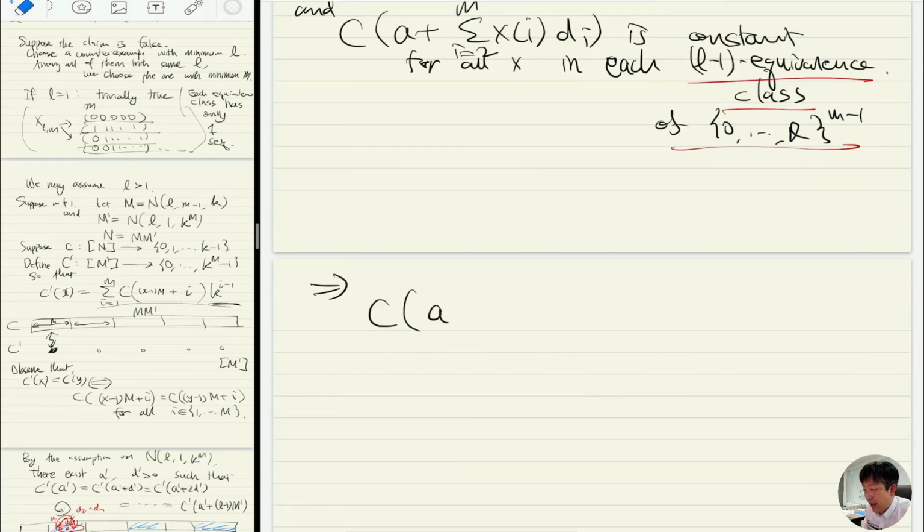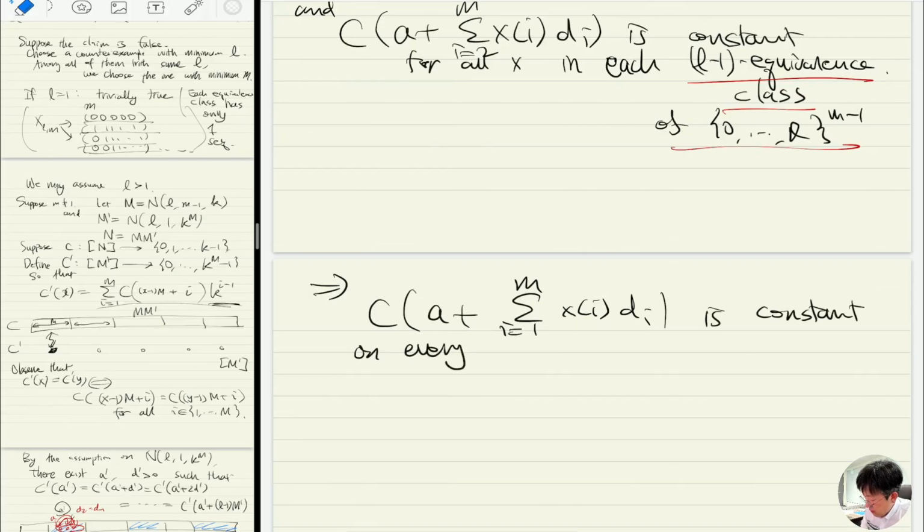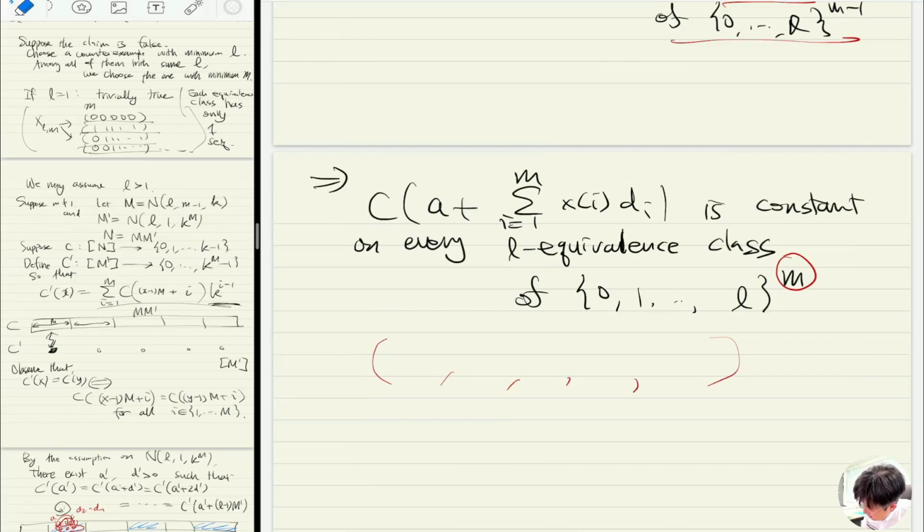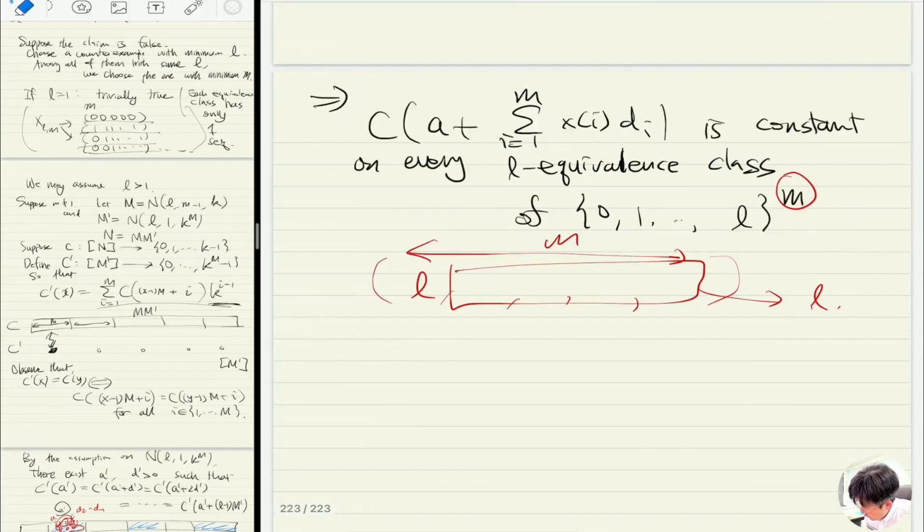let's observe the following. C of A plus the sum of xi di from 1 up to m is constant on every L equivalence class, for 0, 1 up to L. Because when I have a sequence of length m, if this is L, then everything here is L. Or if this is not L, then it could be something coming from x L minus 1 m.